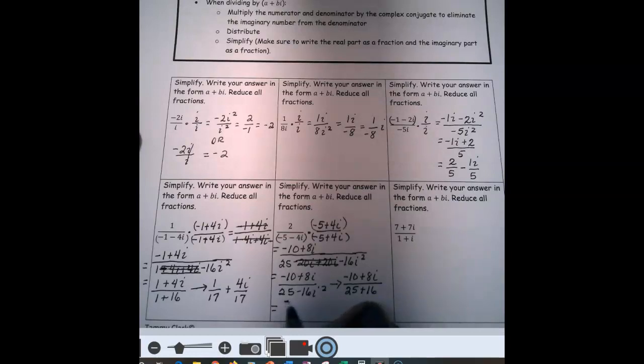It's going to be negative 10 over 41 plus 8i over 41. All right, so that is that one, and we are going to go ahead and look at our last one.